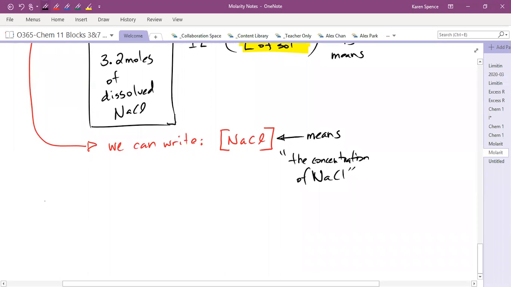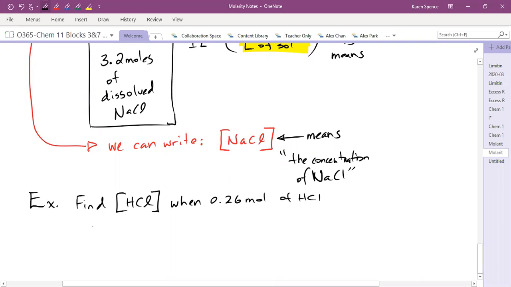So, for example, we might have: find the concentration of HCl, that's what square brackets around HCl means, when 0.26 moles of HCl are dissolved in 1.0 liters of solution.